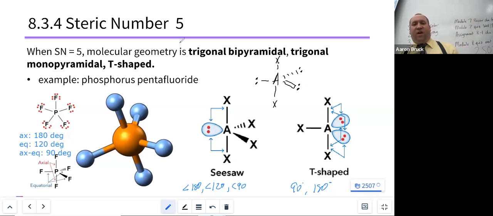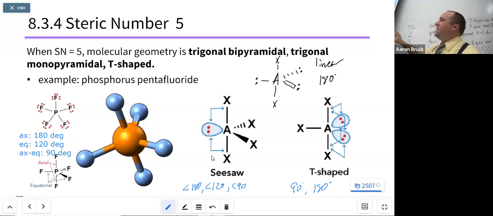All that's left is the three remaining atoms in a line. This is linear, and a linear molecule only has one bond angle, 180 degrees. Like I said, this is the most complicated of the shapes.